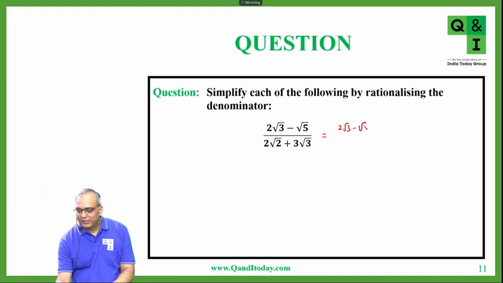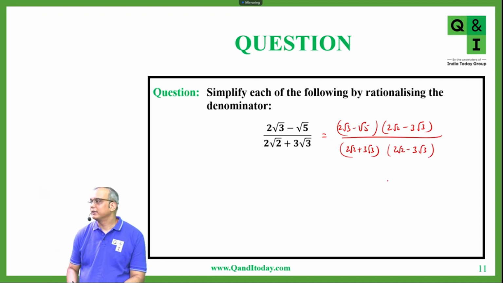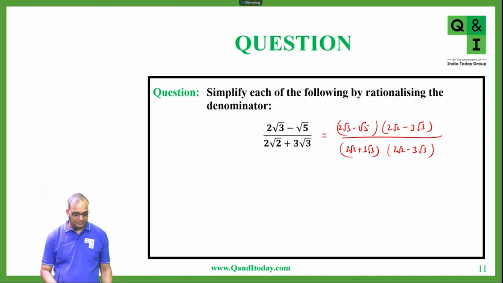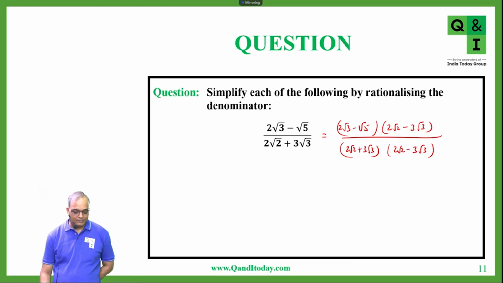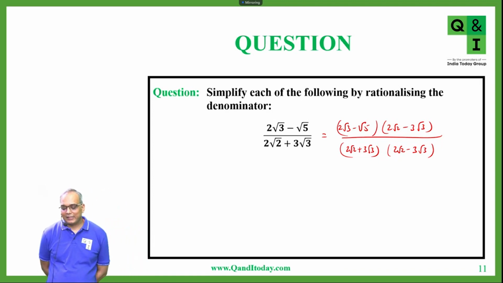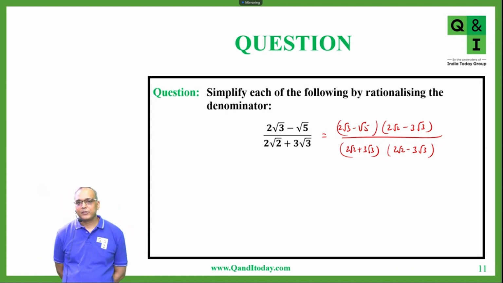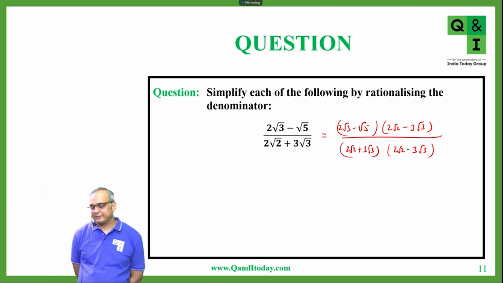So 2 root 3 minus root 5 into 2 root 2 minus 3 root 3. And here 2 root 2 plus 3 root 3 into 2 root 2 minus 3 root 3. So the answer is a bit long and the calculations are also long. You may take time. Continue, complete it and tell me the answer.